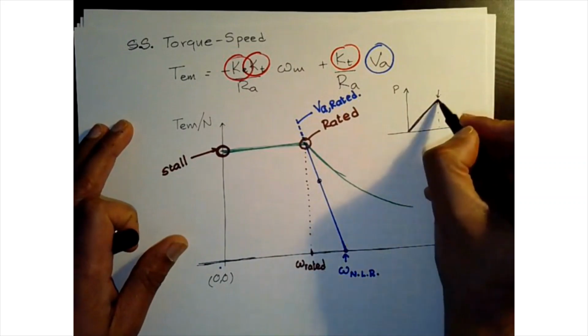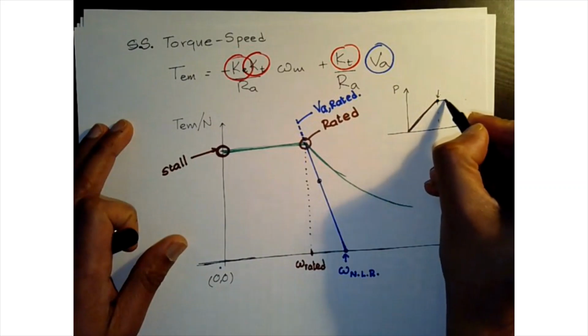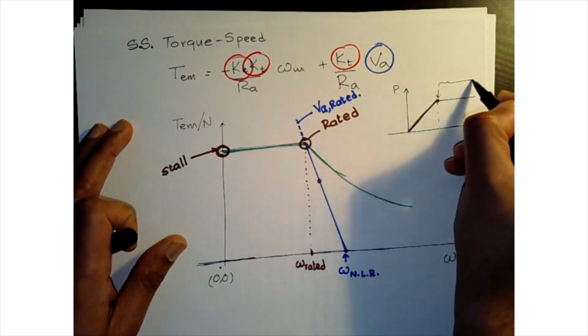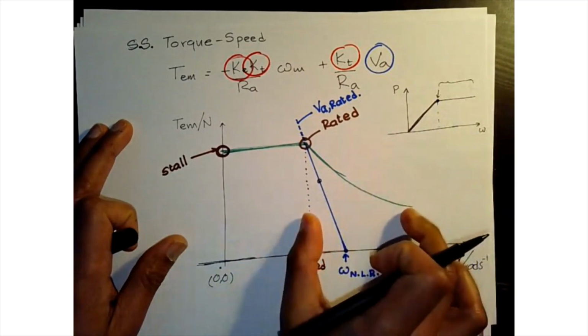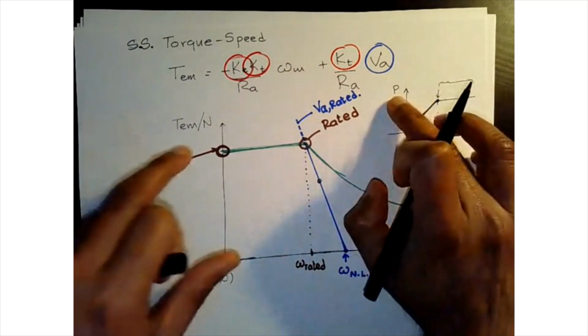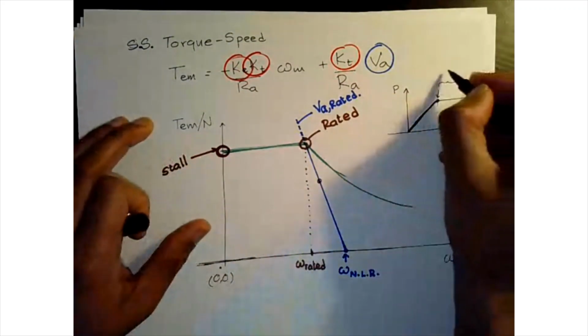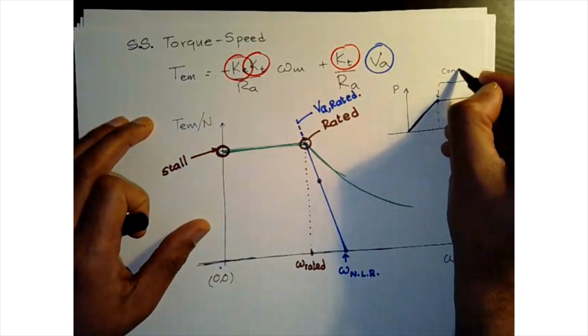Okay, now from here onwards we only have a constant power region, so we call this region, right? Now keep in mind, this is power, this is torque, two different things. So here we call this constant power region.